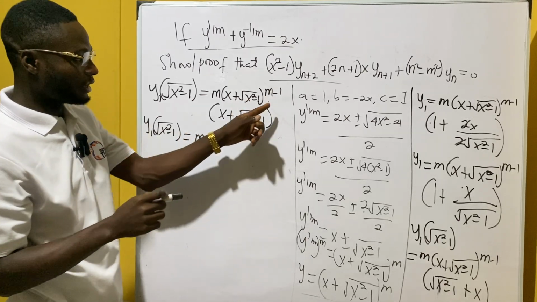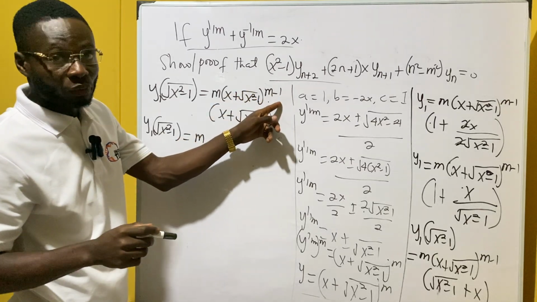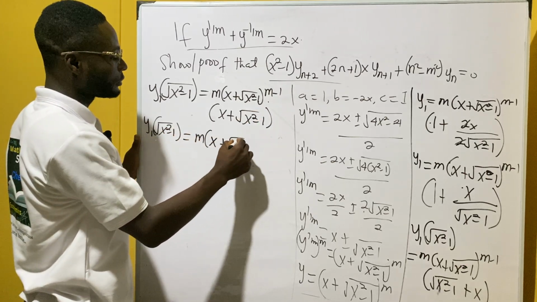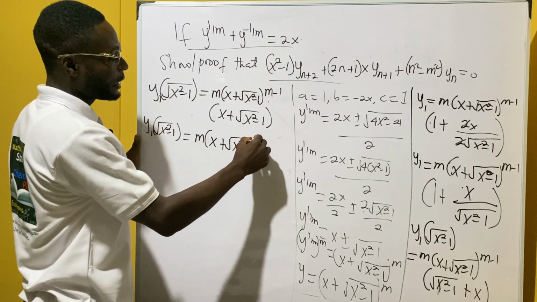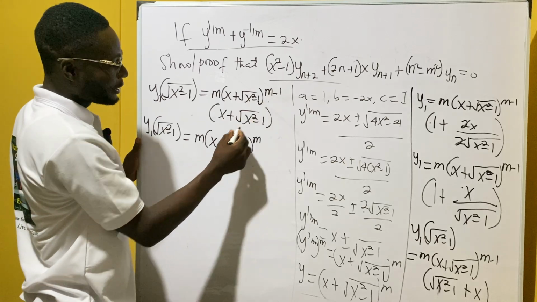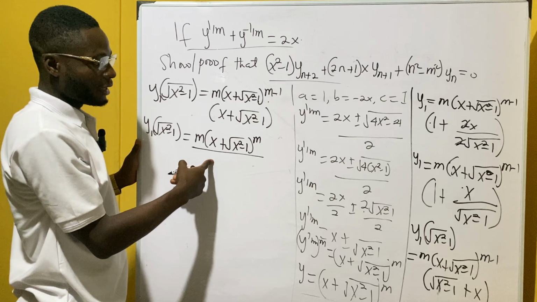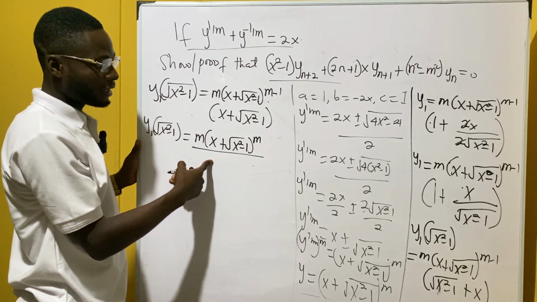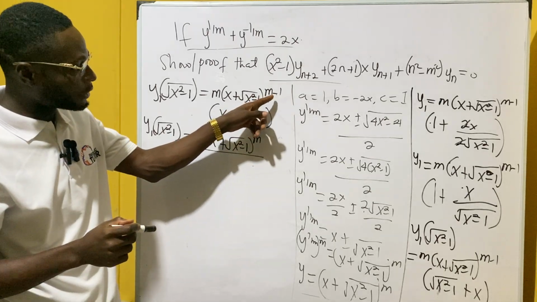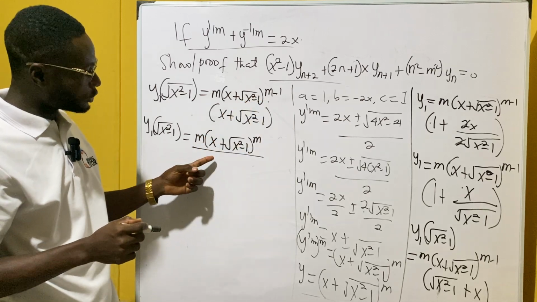This right here means that we have this power m, minus 1, right? So we are going to have x plus square root of x squared minus 1 to the power m, right? Then minus 1 means that this whole thing, this m minus 1, was over what?